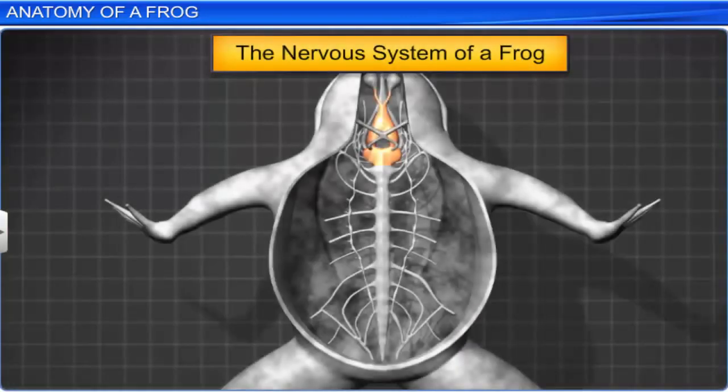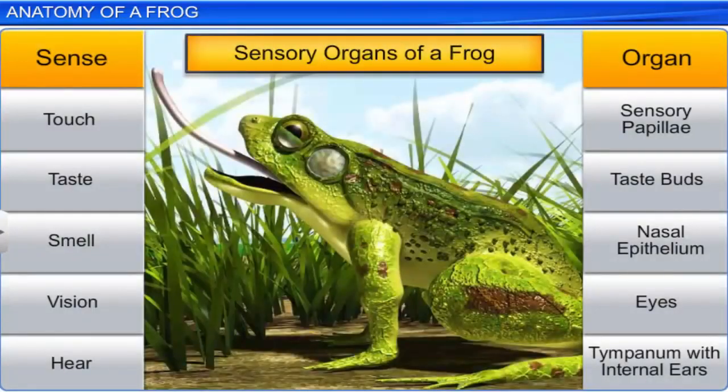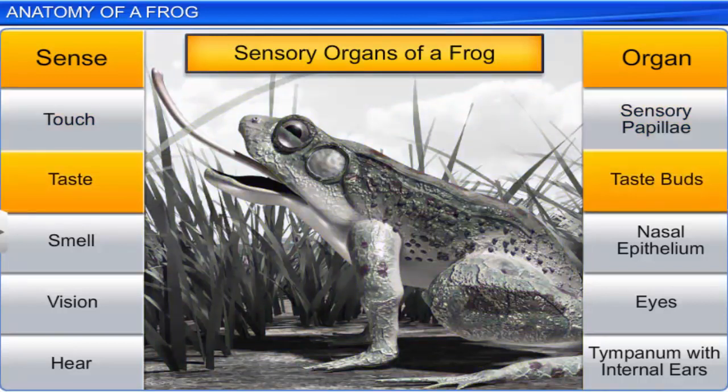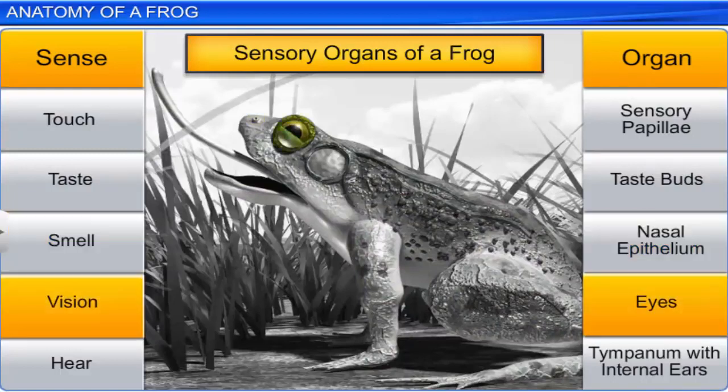The brain gives rise to 10 pairs of cranial nerves, which provide external information to the brain. Besides a well-developed nervous system, frogs also possess different sense organs such as sensory papillae, taste buds, nasal epithelium, eyes, and a tympanum with internal ears.